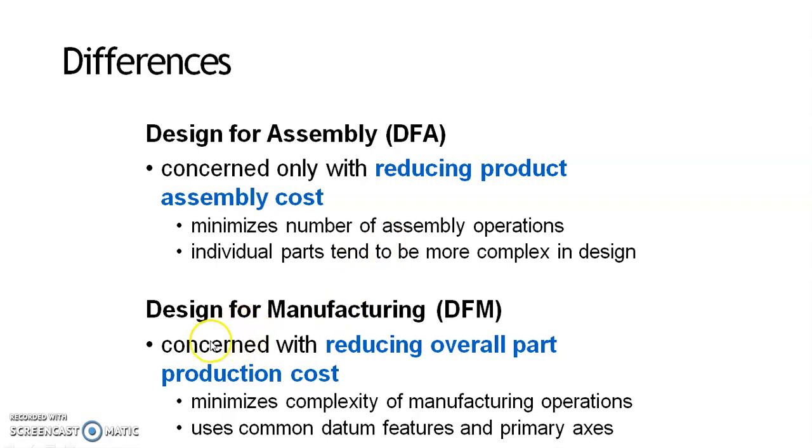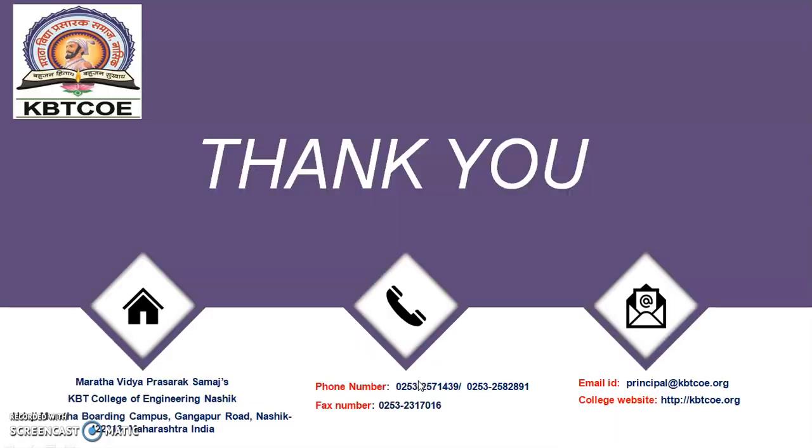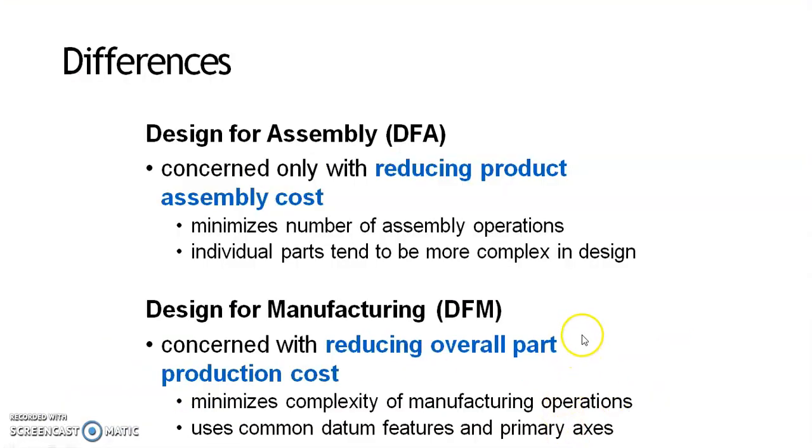Now what is DFM? It is concerned with reducing overall part production cost. So DFA is reducing product assembly cost, and DFM is reducing overall part production cost. Then it minimizes the complexity of the manufacturing operation. Another important difference is that it uses common datum features and primary axis. So this is design for manufacturing and design for assembly.